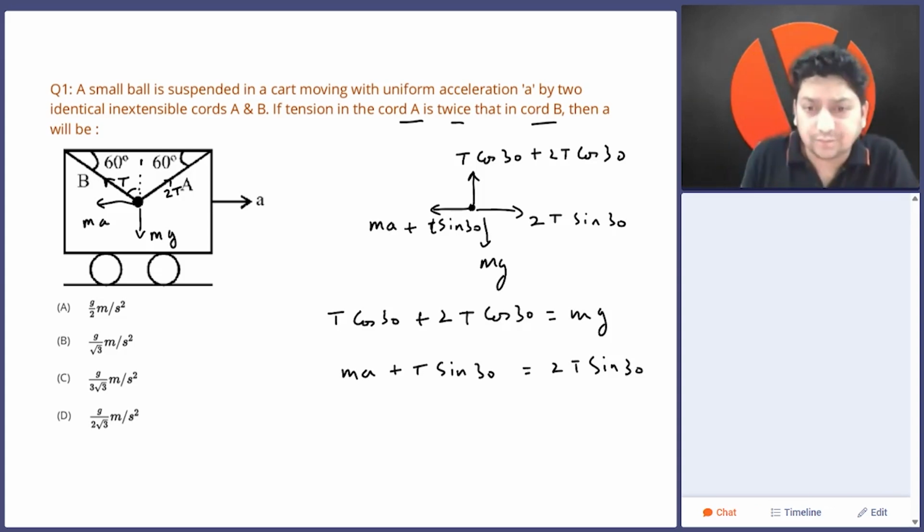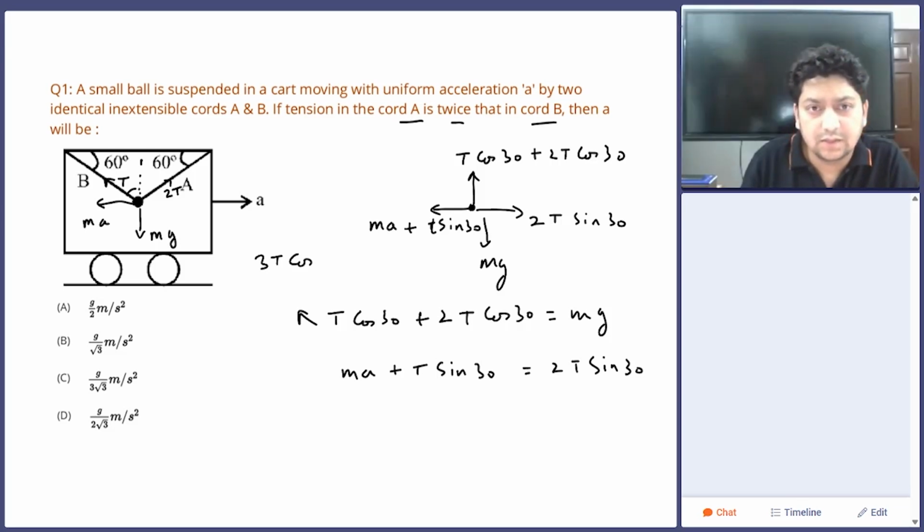Let's figure out. This equation can be written as T cos 30 is root 3 by 2 plus, rather this will become, just a second, this is T cos 30, this is 2T cos 30, it will become 3T cos 30, and cos 30 is nothing but it will be equal to cos 30 will be root 3 by 2.